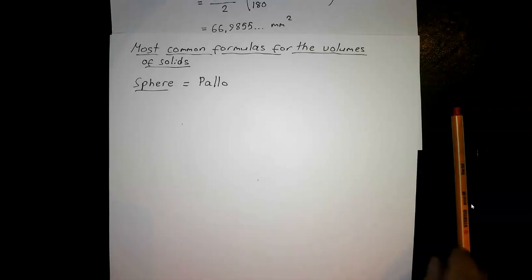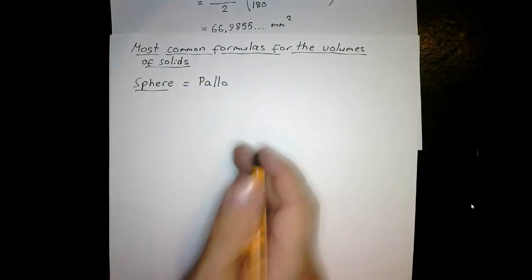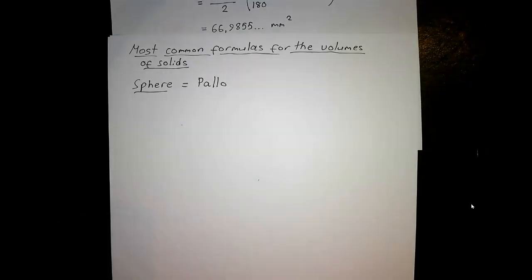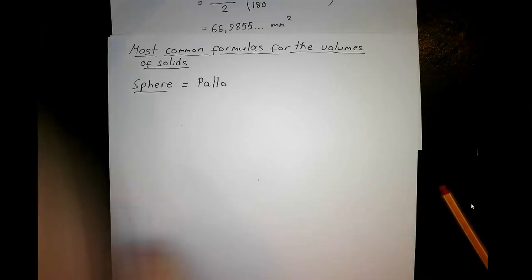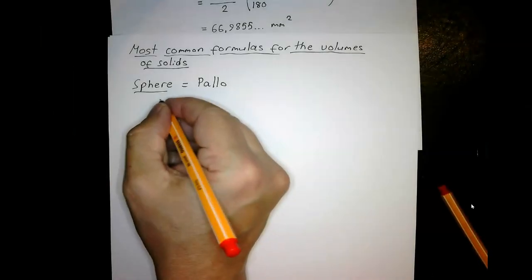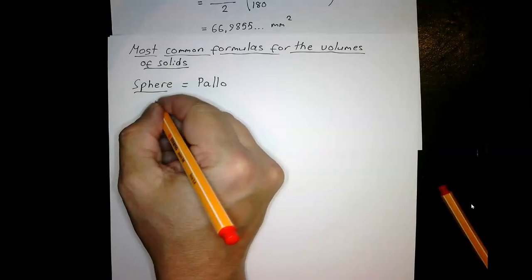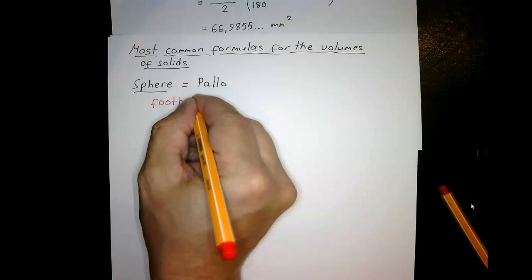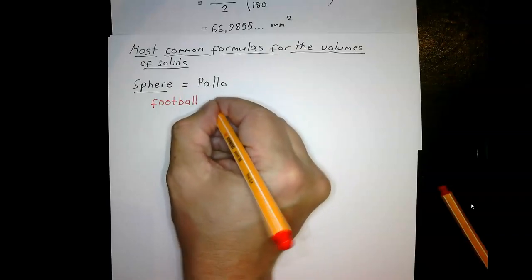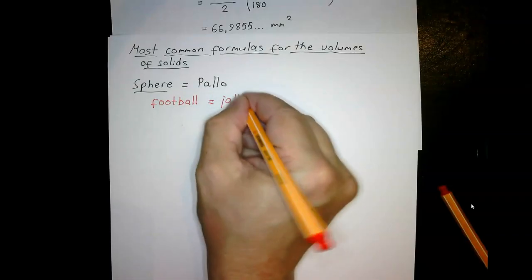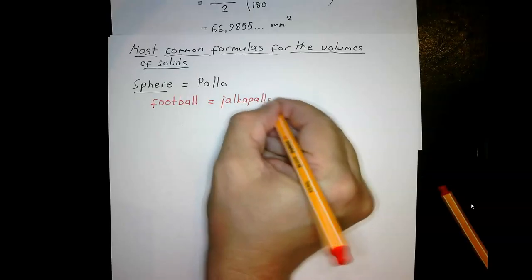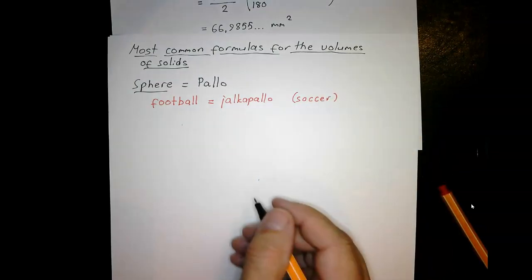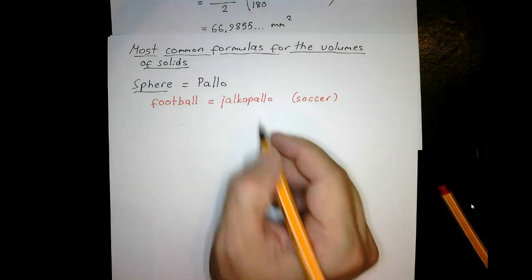If we take some words in which we have this pallo in Finnish words. For example, football. Actually, in Finnish it is jalkapallo. This is not American football, but soccer. So there is this pallo there.